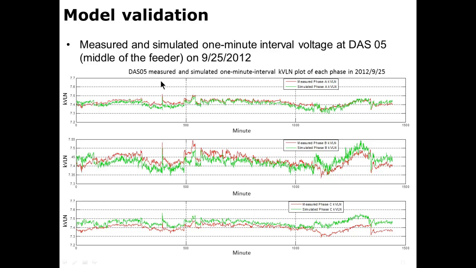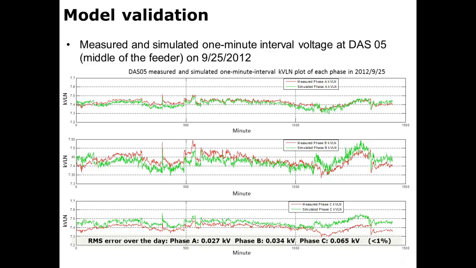DAS5 itself is somewhere in the middle of the feeder, so we're looking at the voltage at the midpoint of the feeder. This is on a complete day, September 25th, 2012, and this is a time series simulation at 1 minute resolution. So clearly you can see that there is a very good match between the simulated green and the measured red waveforms.